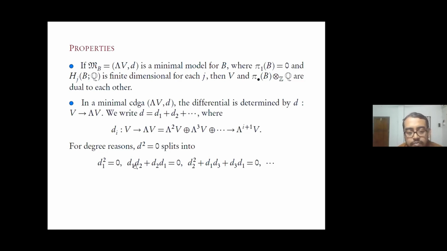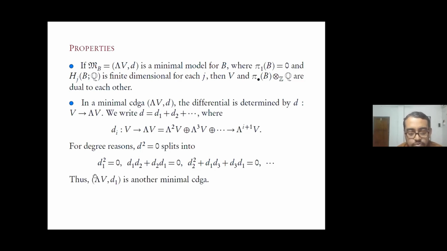Similarly, you have D1 D2 plus D2 D1 is 0. And then D2 squared plus D1 D3 plus D3 D1 is 0, and so on. So you get a whole host of equalities. But we just focus on D1 because D1 squared is 0. That's a good sign, and by definition D1 is extended to be a differential because we know D1 on V, and then we extend D1 on wedge V. Right?